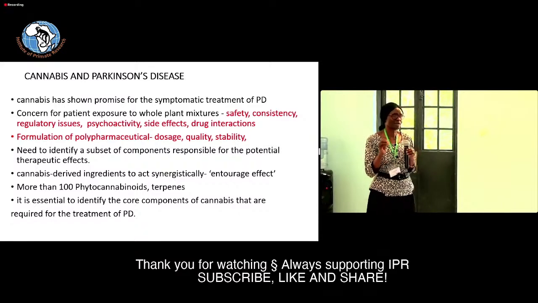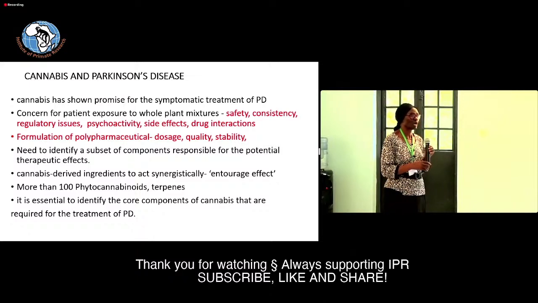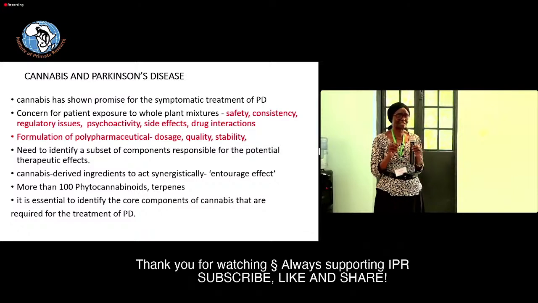As you are all aware, one can use the whole plant as in holistic treatment, or one can attempt to isolate active principles. Now, in Cannabis sativa, it has been shown that when you go to the laboratory and isolate the active principles, you do not get similar effects as when you are using the total plant.